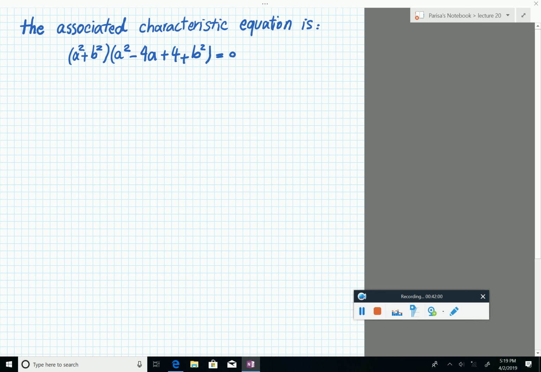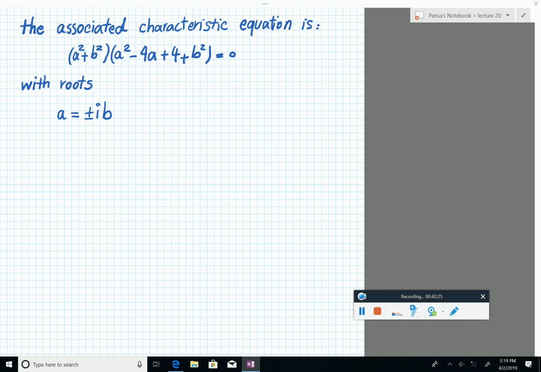So the associated characteristic equation is a squared plus b squared s squared minus 4a plus 4 plus b squared equal to 0. So the roots are a plus minus ib.